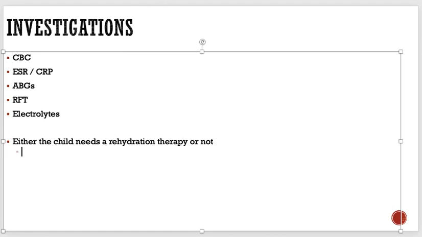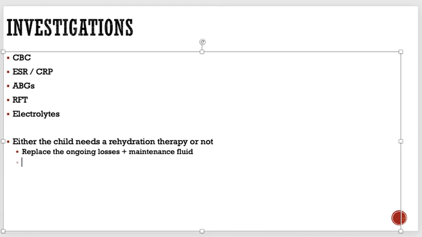Okay, so why? Because if the child is dehydrated, of course rehydration is very important, and we have to provide two things, by the way. One thing is we have to replace the ongoing losses, plus we have to give them maintenance fluid, right?